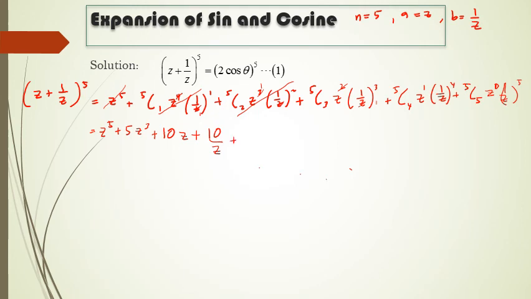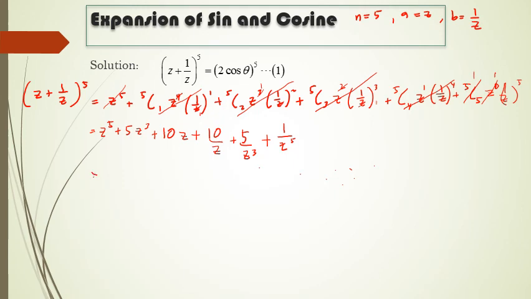And then plus 5c4 is 5, z with 1 over z power 4, so it becomes 5 over z power 3. And then plus 5c5 is 1, z power 0 is 1, then 1 over z power 5.